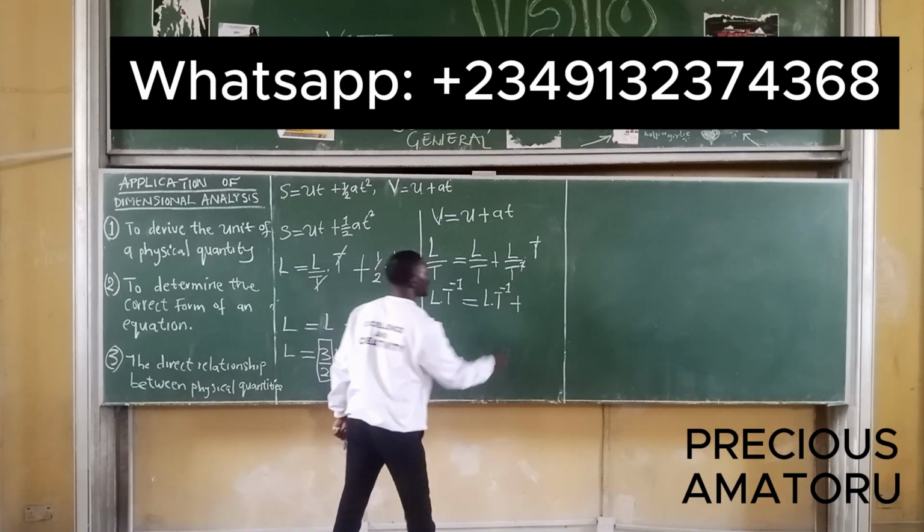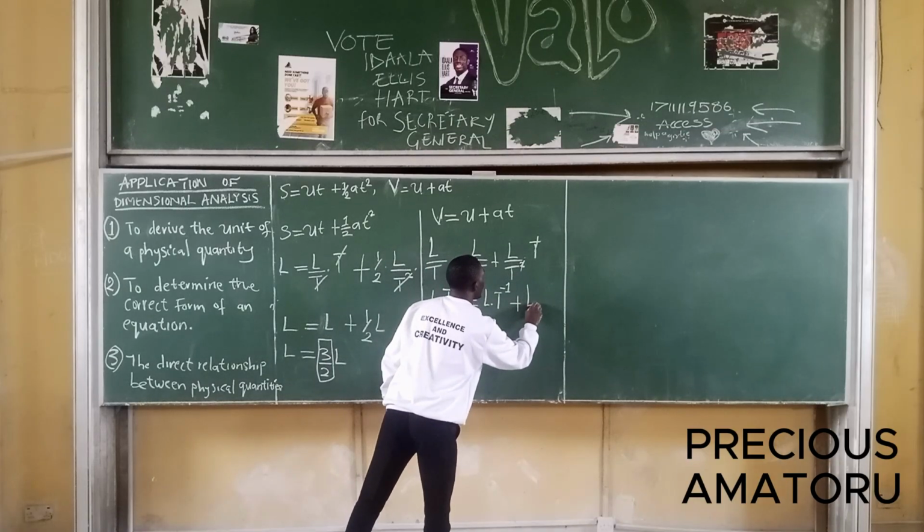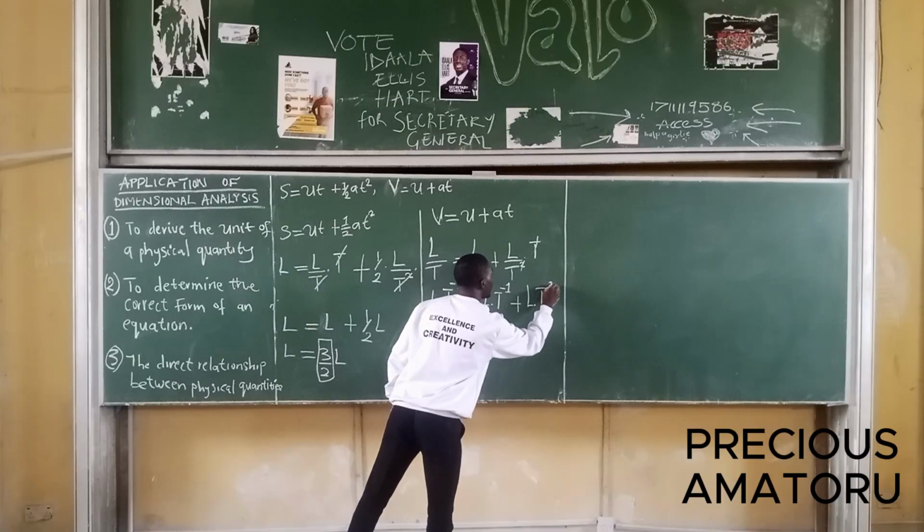We have one of the T left. So we have L multiplied by T.